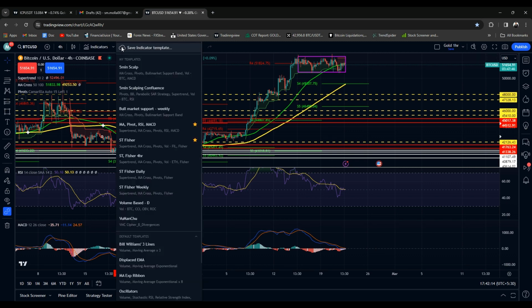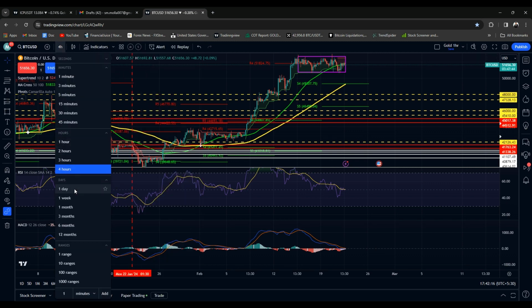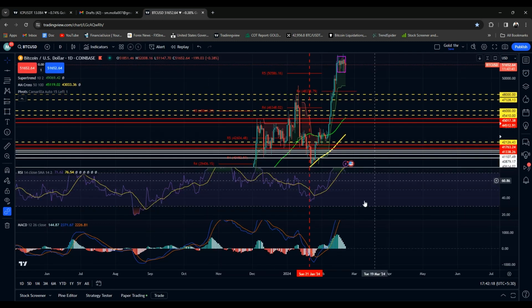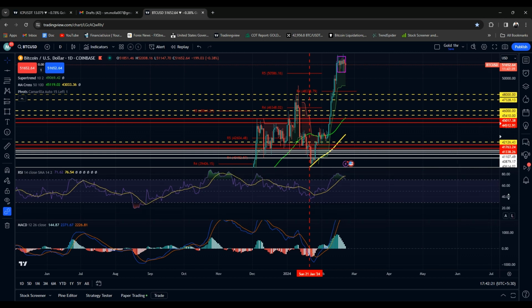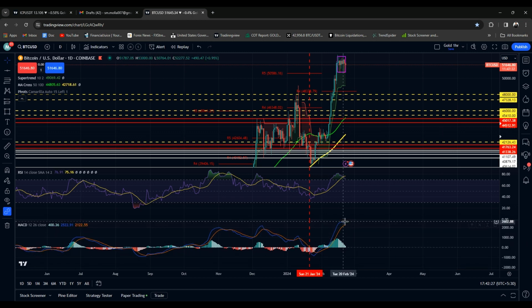And if we go even higher on the daily, we are in an exhaustion area around 80 on the RSI and then coming down, and our MACD is about to come down, with the histogram also turning to the other side. So these things are kind of key for us.